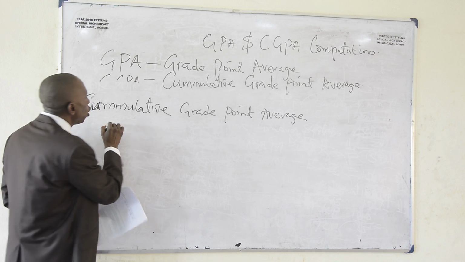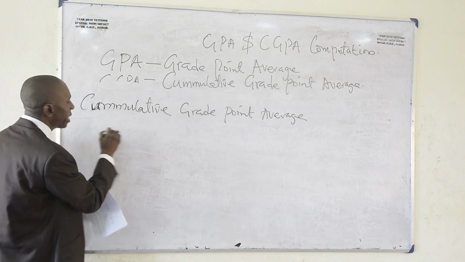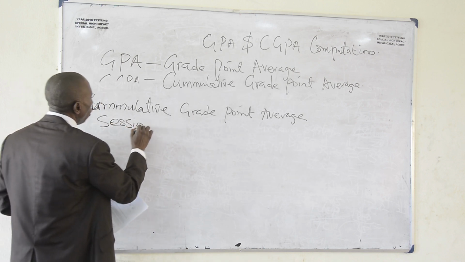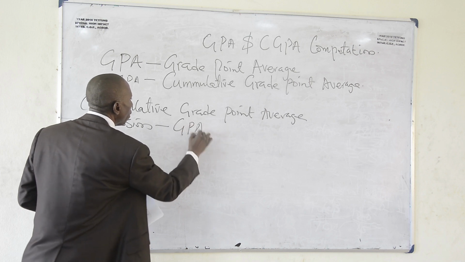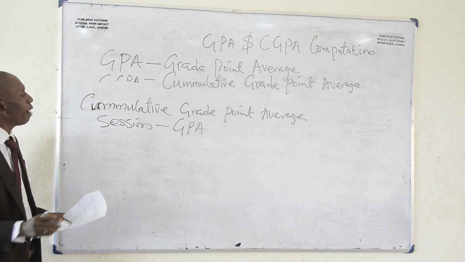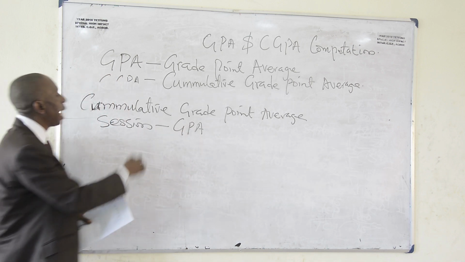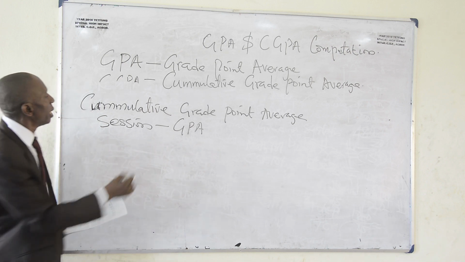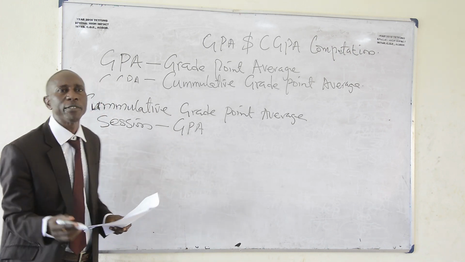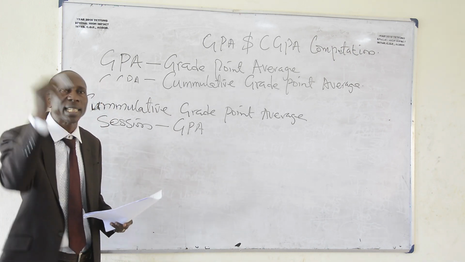So in your first semester, in your first session, what you have is just a GPA. Once you have over one session, what you have is cumulative grade point average.